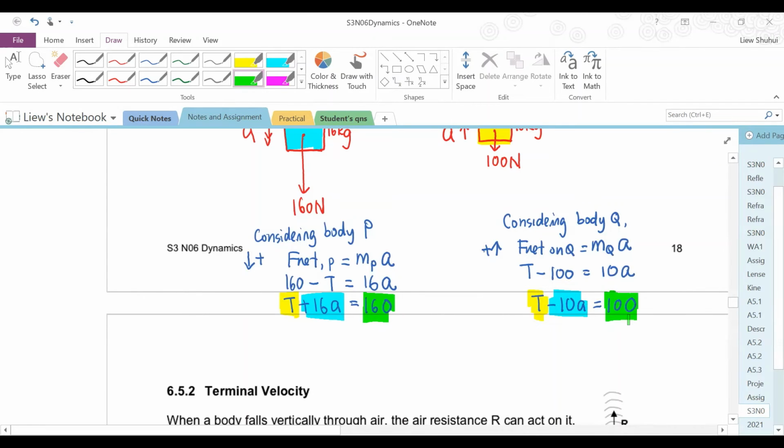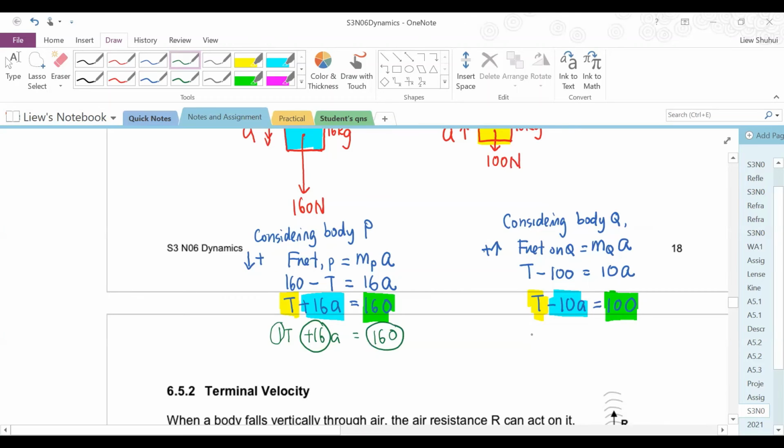Later, when you're keying in the calculator, what you need to key in are the coefficient of T, the coefficient of A, as well as the constant on the right-hand side. So the first equation will be 1T, where 1 is the coefficient of T, plus 16A, so plus 16 is the coefficient of A, and that equals 160.